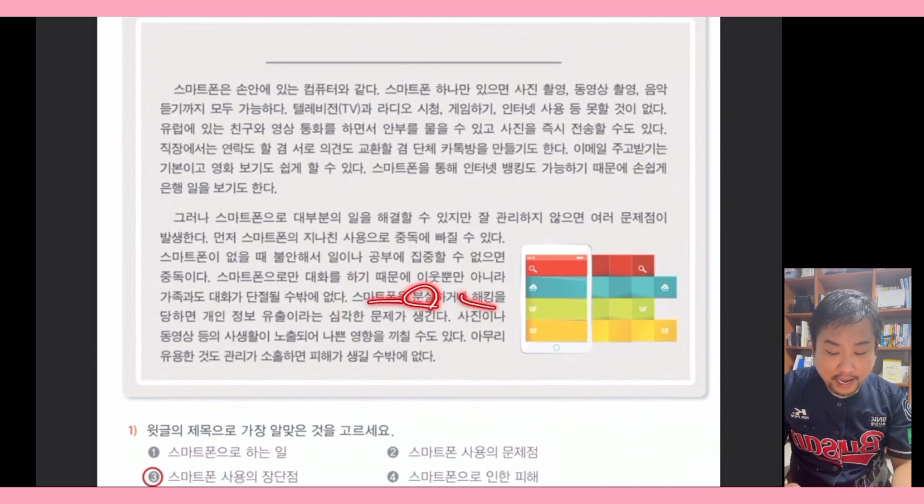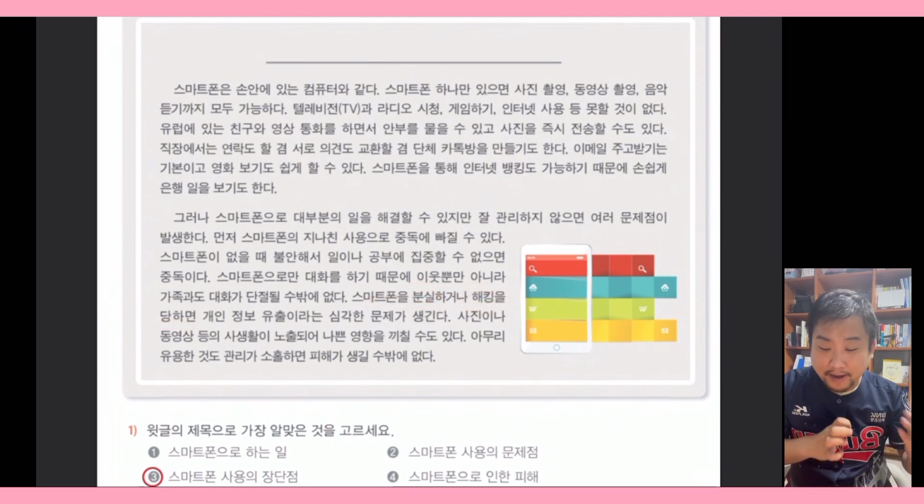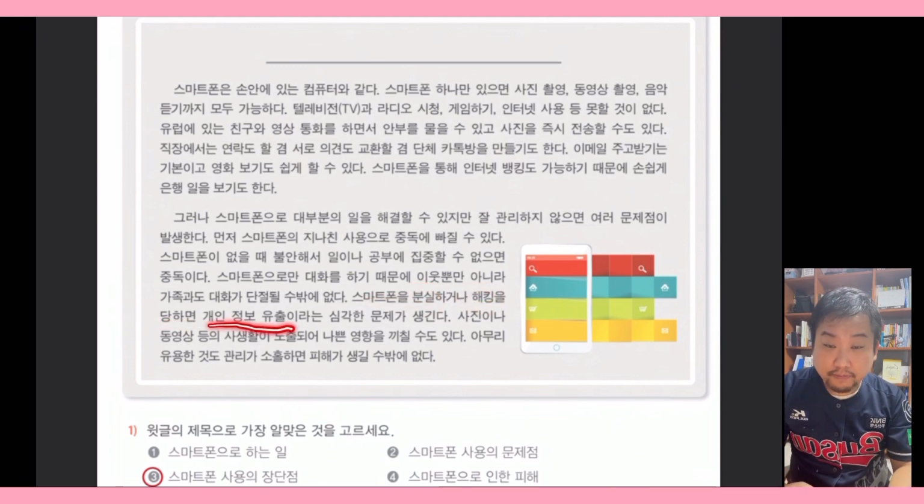스마트폰을 분실하거나 해킹을 당하면, being hacked by others, 개인정보 유출, personal information leakage이라는 심각한 문제, serious problem이 생긴다. 사진, picture, 비디오 등의 사생활, privacy가 노출되어 나쁜 영향, bad effect를 끼칠 수도 있다. 아무리 유용한 것도, no matter how useful it is, 관리가 소홀하면 neglect of managing, 피해가 생길 수밖에 없다.